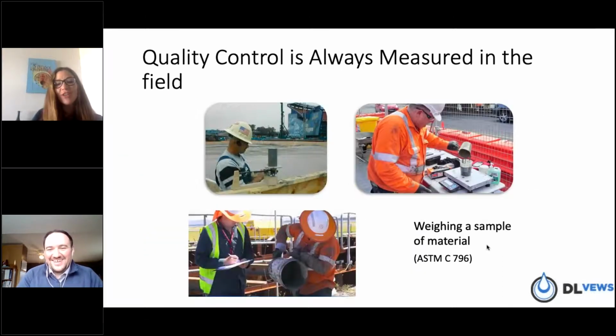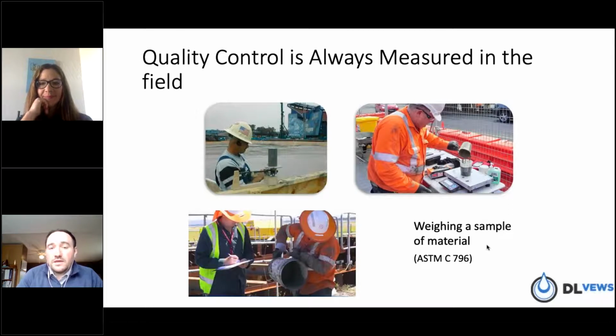So this is a good time for me to ask this question. We've heard you say that quality control is measured in the field, and you're showing these guys in the field. What adjustments may need to happen if they find out something's wrong or something's coming out too high? I joke, but in all seriousness, I like to cook, and adding salt to a recipe is the same idea as adding foam to cellular concrete.